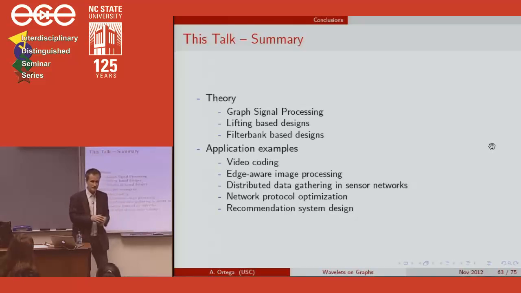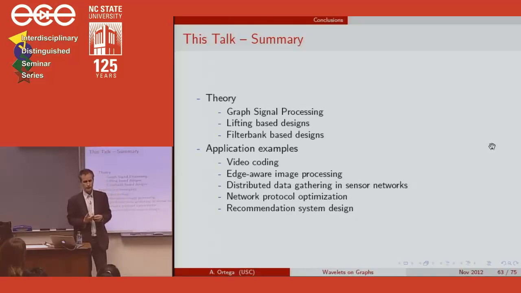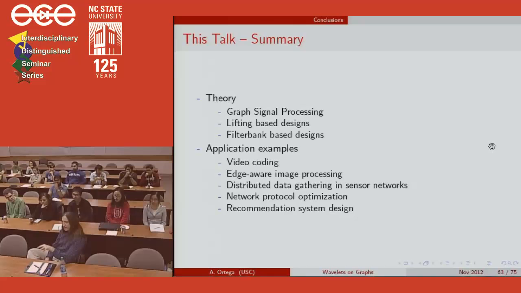We want to have a way of defining a localized transform in the sense of being a few hops away, but also having transforms that have some meaning in the spectral domain, so that you could potentially answer some of the questions that you would answer by analyzing the spectrum of the graph by doing only local processing. That would be one of the goals. I'm not sure if I answered your question. I think so. I'm seeing that the locality is implied by the structure of the graph. The structure of the graph is implied by what transform you choose.